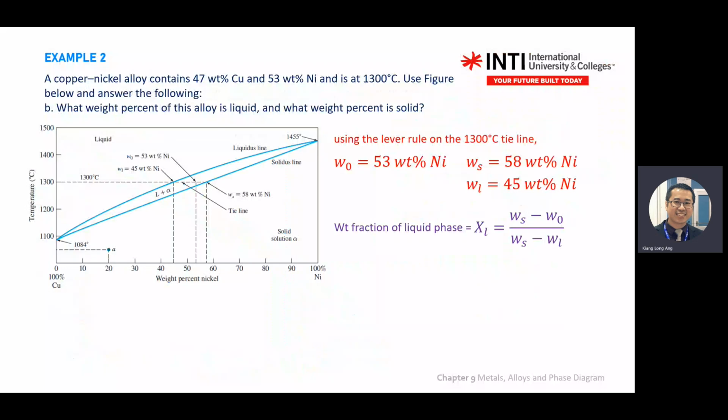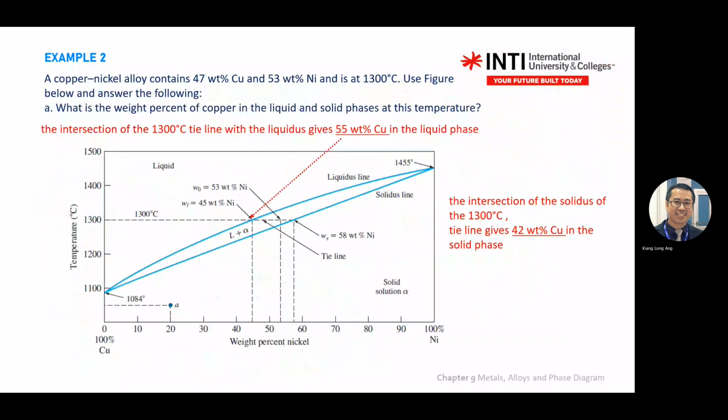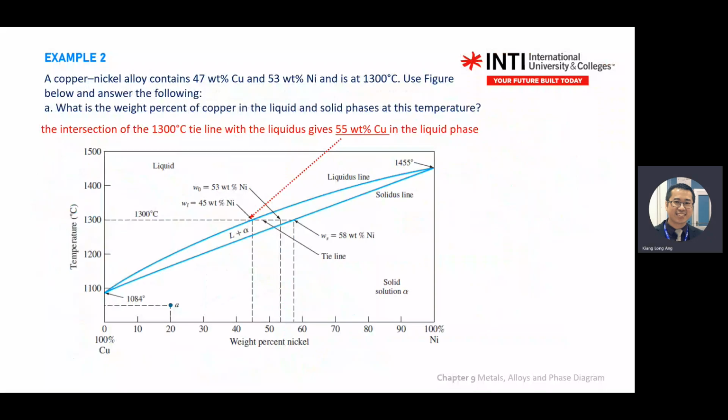Liquid to the X is to find what? Solid, because it's near to liquid. Then here to here is to find what? Here is solid so you find liquid percentage. It's always the same. Then you flip back to the previous one.